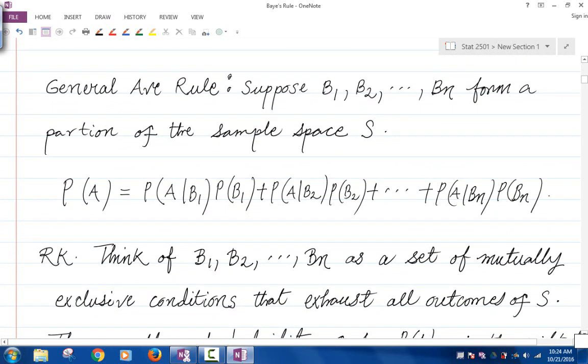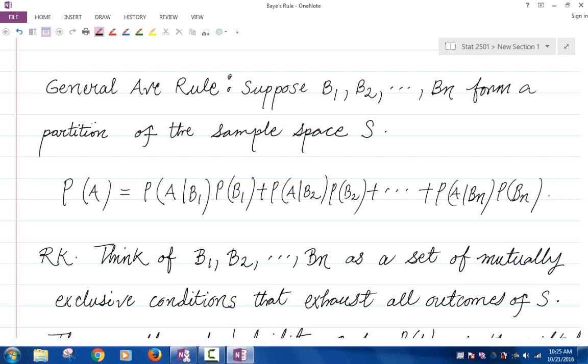The general average rule says, suppose that B1, B2, up to Bn form a partition of the sample space S. Then the probability of A is the same as the probability of A given B1 times the probability of B1 plus the probability of A given B2 times the probability of B2 plus the probability of A given Bn times the probability of Bn.